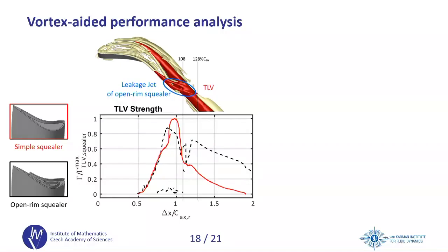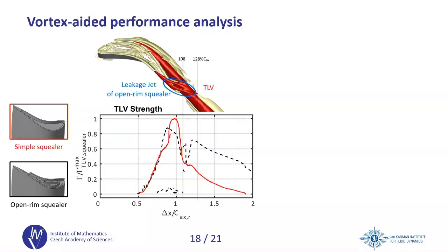You see a clear difference: for the conventional simple skew design, we have one peak of the vortex strength from the leading edge to the trailing edge, and then downstream the vortex is dissipated. Whereas for the optimized open design, and you see the picture of the vortex structure here, you have this leakage jet of fluid through the opening in the aft part of the blade, right?